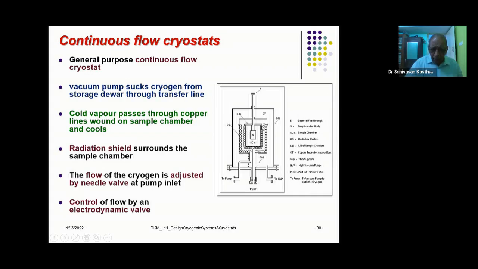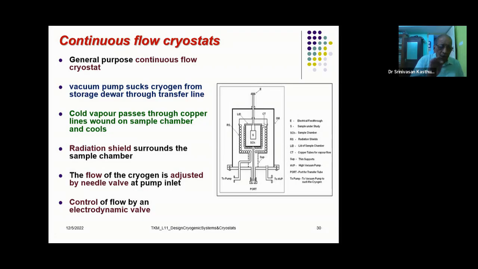After completing up to the neck of the wall of the innermost chamber, it is switched over to the radiation shield. And then from the radiation shield bottom, it goes out to the pump. This is the way it is normally done. The whole thing is covered with super insulation and then a vacuum jacket. The complete vacuum jacket is there, and the vacuum is created by a separate pumping arrangement.